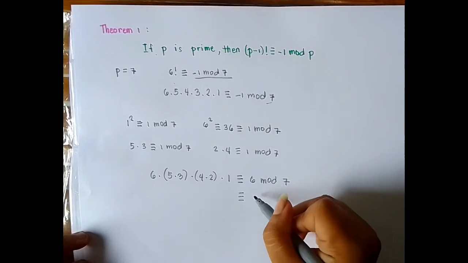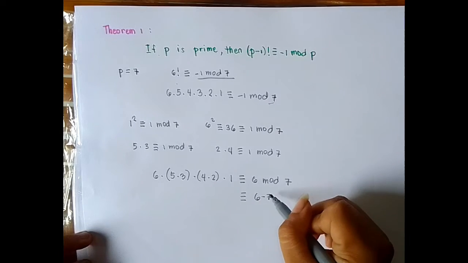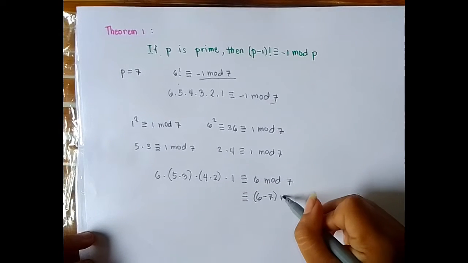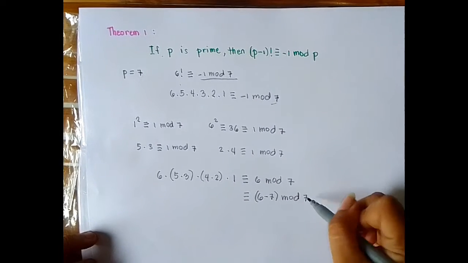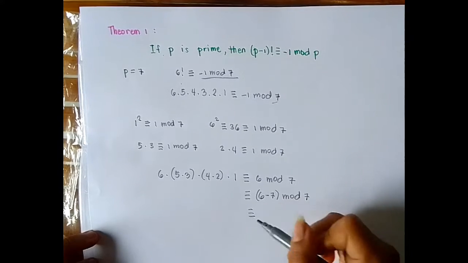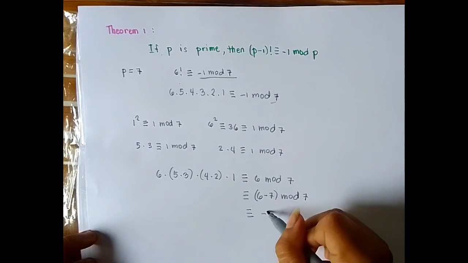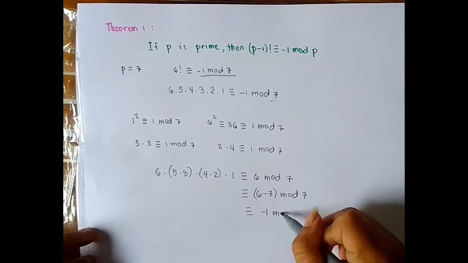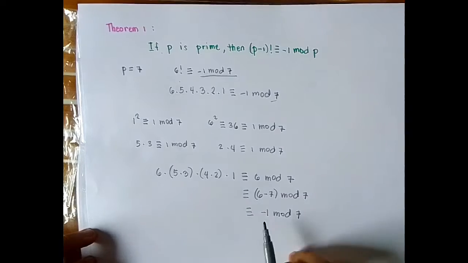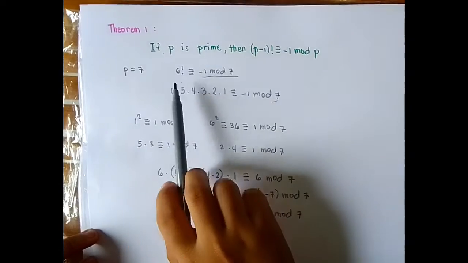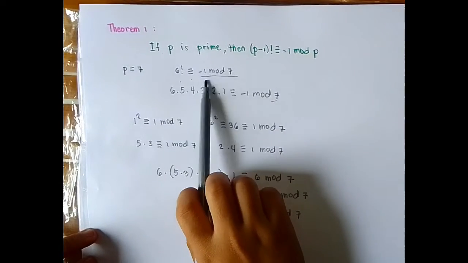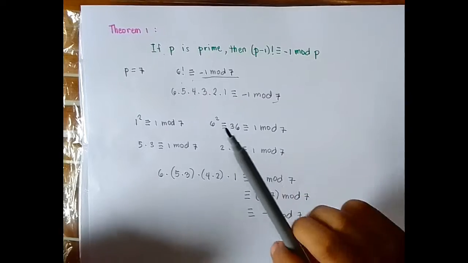And 6 is equivalent to 6 minus 7, which is negative 1 mod 7. So this is the same as our answer: 6 factorial is equivalent to negative 1 mod 7.